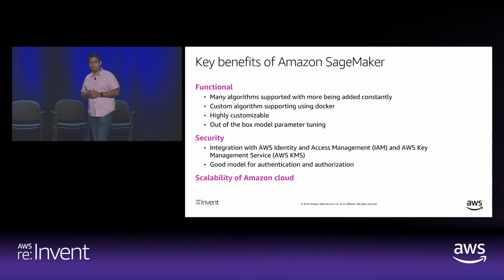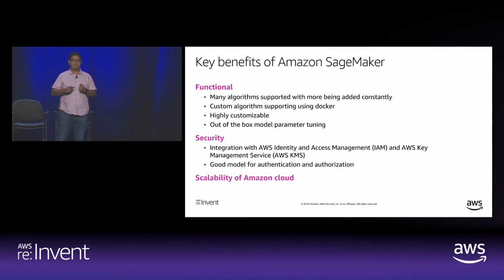Another critical thing that we love is security. Given the kind of data that we have, Amazon gives us really good tools and really solid integration with IAM and KMS. So when somebody spins up a SageMaker notebook, it's locked down typically to the individual data scientist who spun it up, and nobody else can log in. When they fire queries, we can see and log what queries were fired, right?